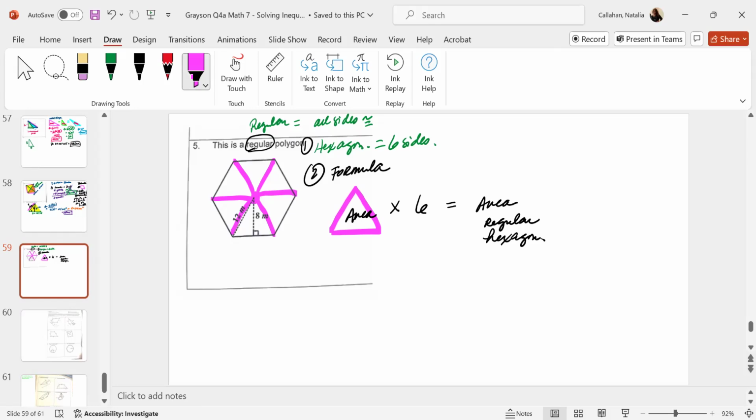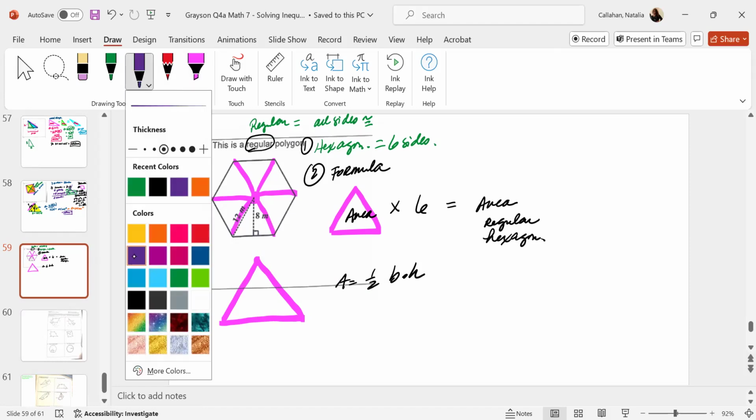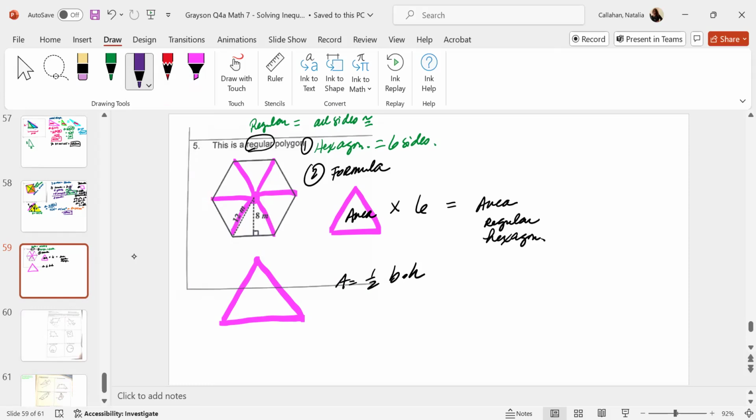To find the area of this one triangle, what's the area of a triangle? Okay, the area of a triangle is 1/2 b times h. What do B and H stand for? Base times height. Do I know what this base is right here?